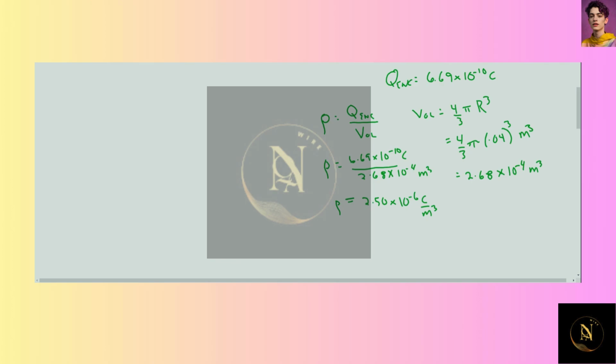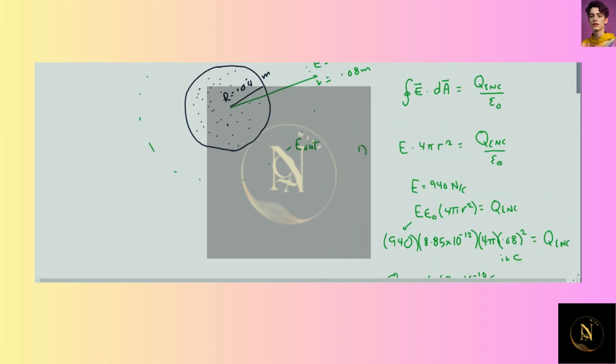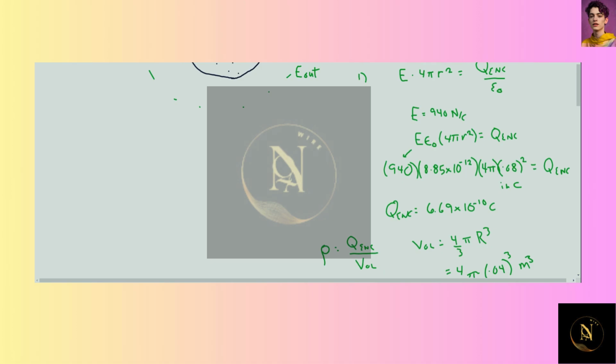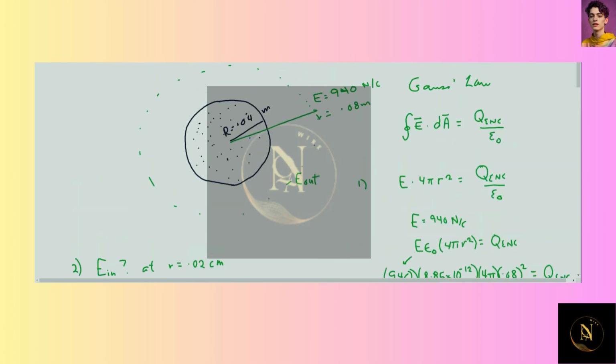Okay, so now we want to find the electric field inside, specifically at 2 centimeters from the center of the sphere. And the big idea is that if we draw a little Gaussian surface on the inside of this sphere, it's only going to enclose the charge that's inside of that sphere.